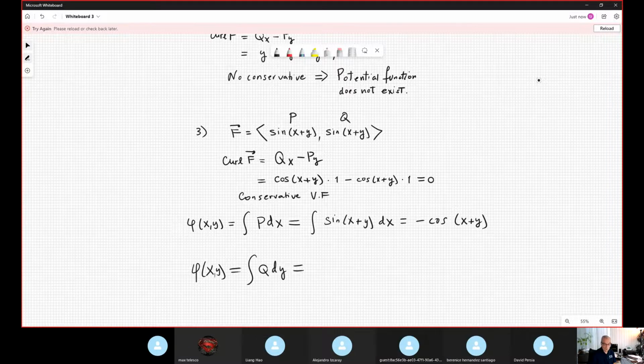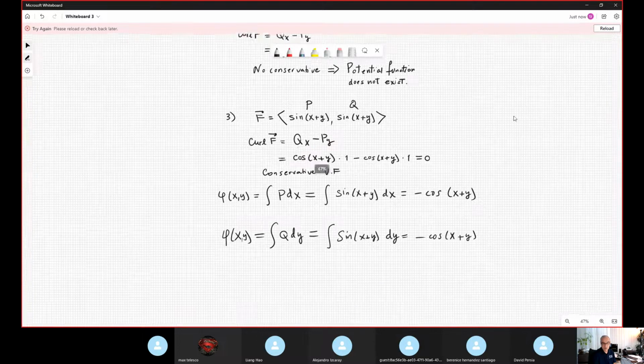The second is the antiderivative of sine of x plus y dy. In that case, it is again minus cosine of x plus y, and that's it. Now, in this case, they are a perfect coincidence.